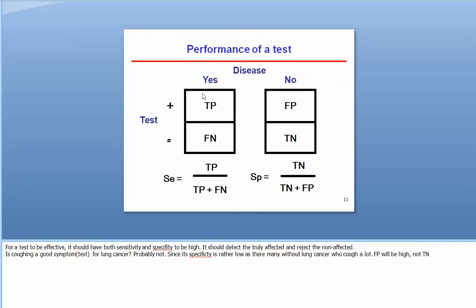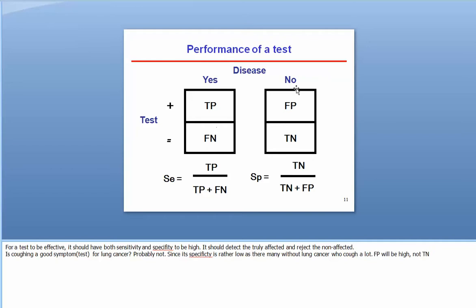Okay, so here they have just given the layout. So if you have a 2 by 2 table, you have the disease status, yes or no, and the test result status, plus or minus. So to get the sensitivity, you take the proportion of TP divided by the total number of affected, which is TP plus FN.